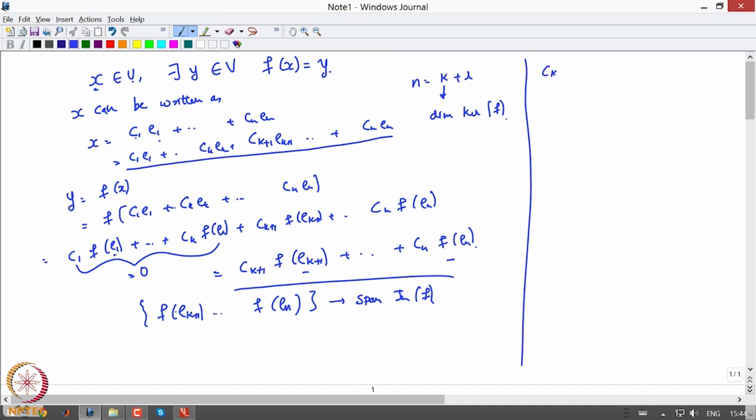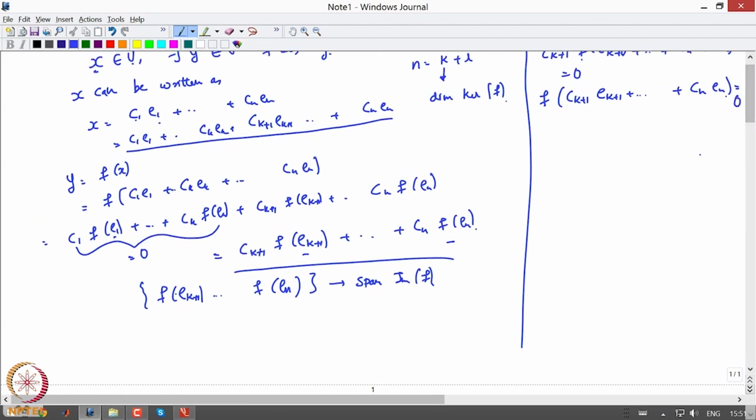this vector representation c_{k+1} f(e_{k+1}) all the way till c_n f(e_n) is actually equal to 0. Okay, now since f is linear, I can write this as f of c_{k+1} e_{k+1}, which are the basis vectors, up to c_n e_n is also equal to 0, right.